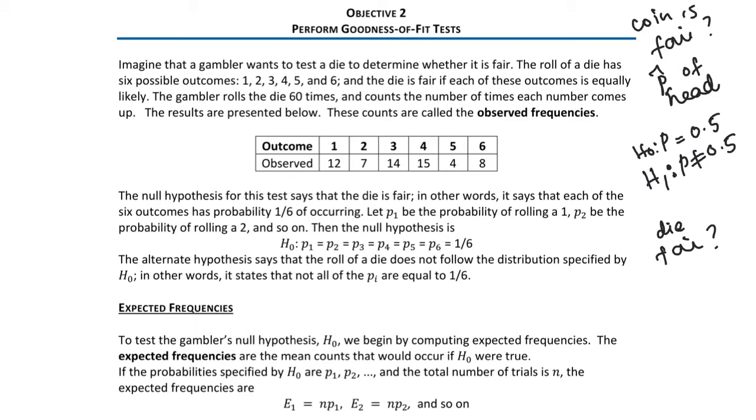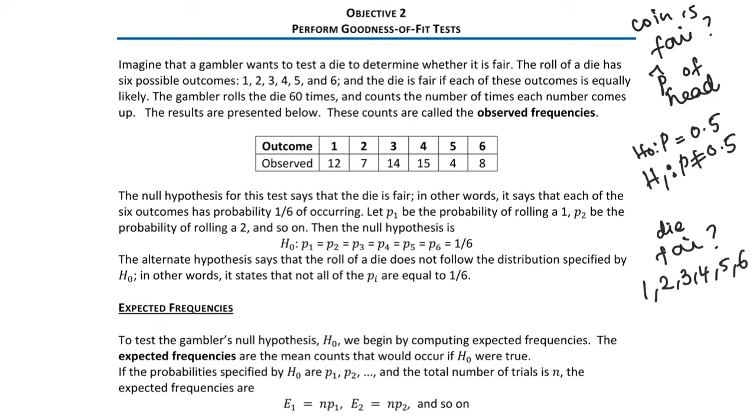The die has 6 possible outcomes, right? 1, 2, 3, 4, 5 and 6. If each of the outcomes is equally likely, then the die is fair. Assume the gambler rolls the die 60 times and counts the number of times each number comes up.